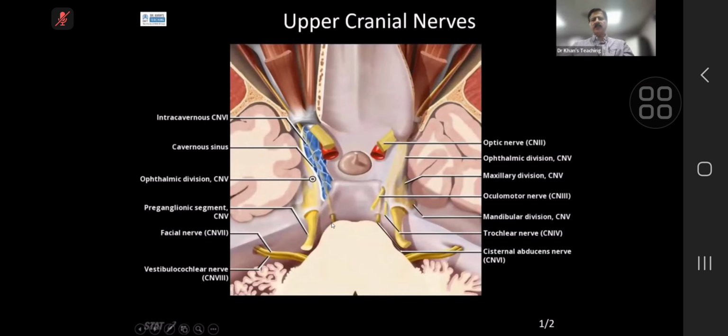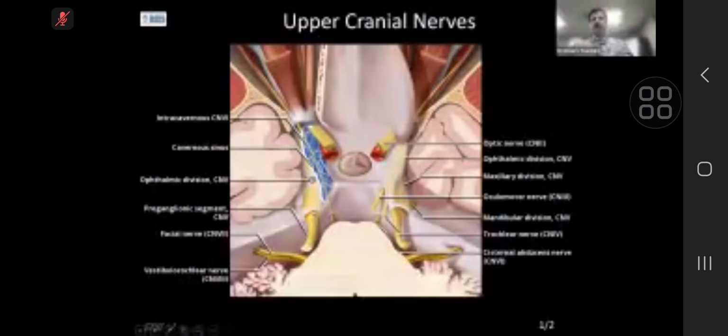Now, this is the sixth nerve, and slightly more superiorly, the fifth nerve is going anteriorly. This is the trigeminal nerve. It is a big, thick nerve, and we can see it very well on a CISS MRI scan. It goes into this part, which is known as Meckel's cave, very well seen on an MR, and it divides into three branches.